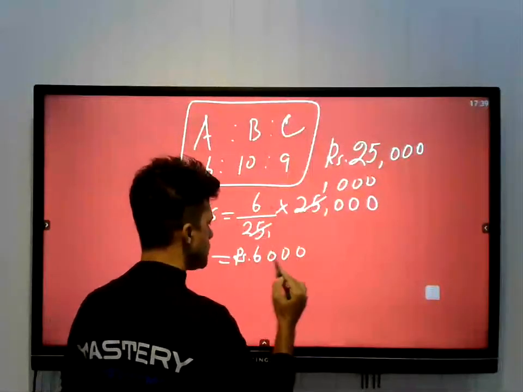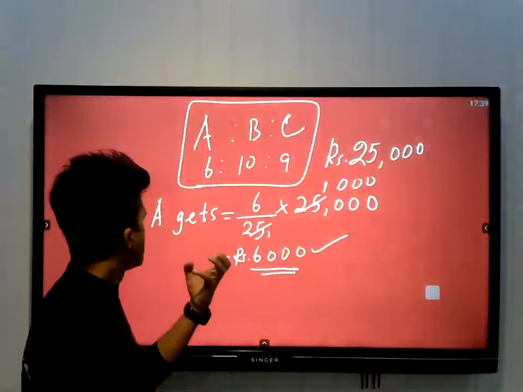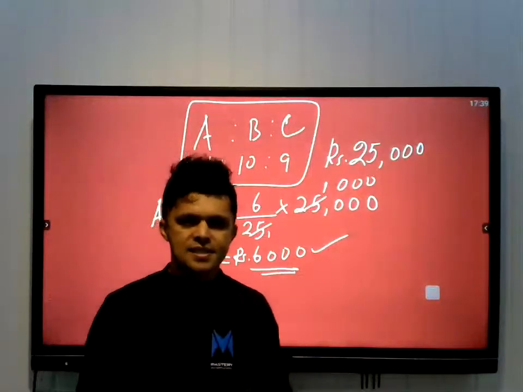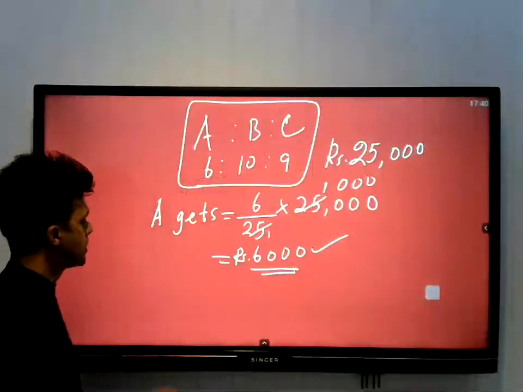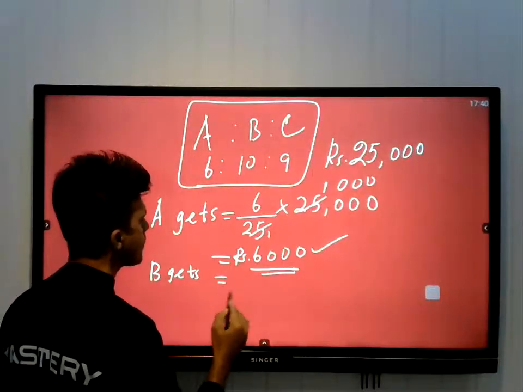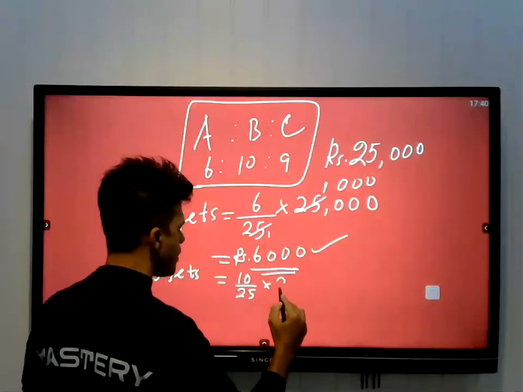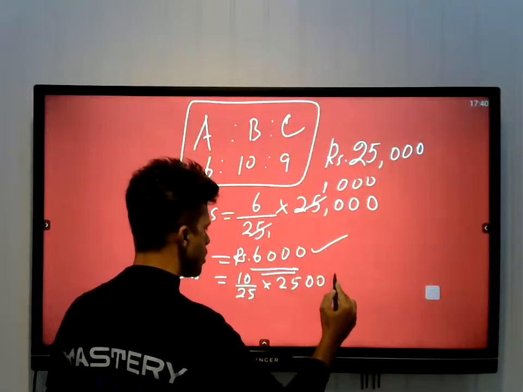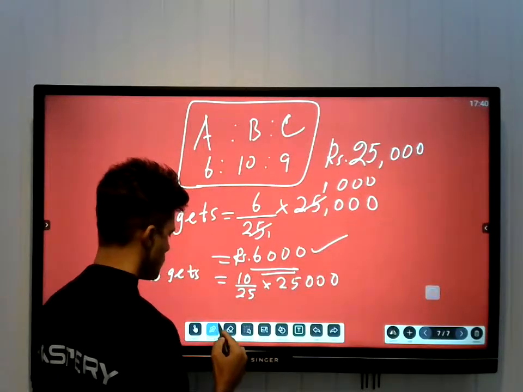A gets 6,000 rupees as profit. B gets 10 over 25 into 25,000 rupees.